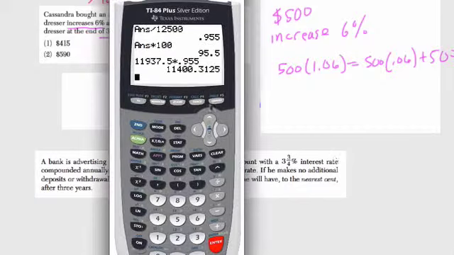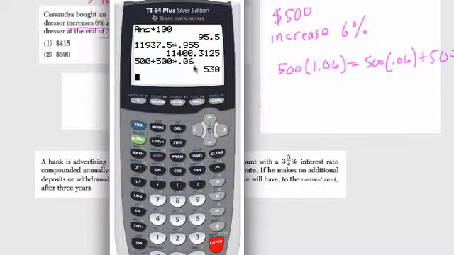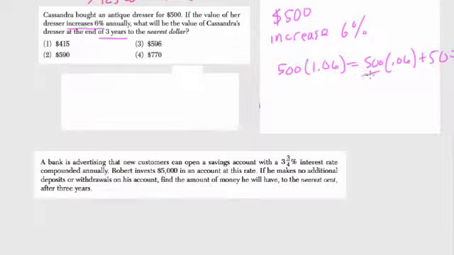So 500 plus 500 times 0.06 is 530. But if we take 500 and multiply it by 1.06, we get 530 in one step, because 1 times 500 plus 0.06 times 500 is 1.06 times 500, or 106% of 500.